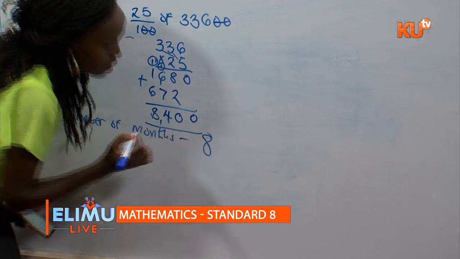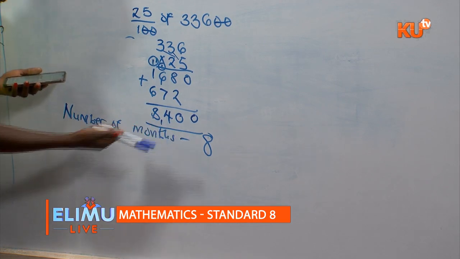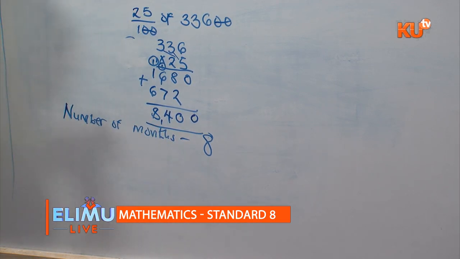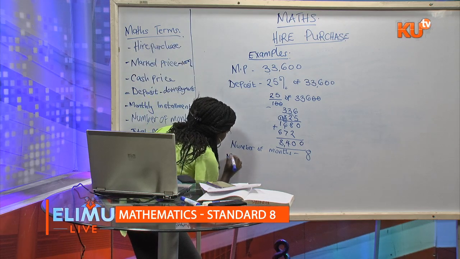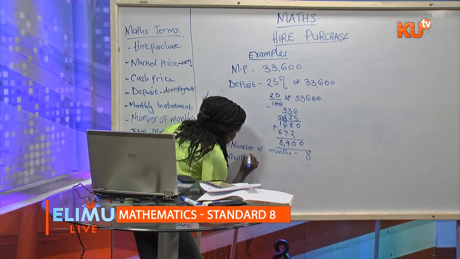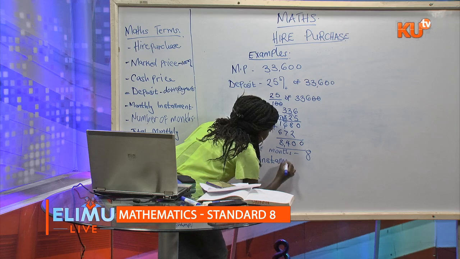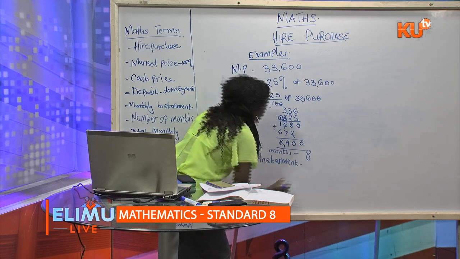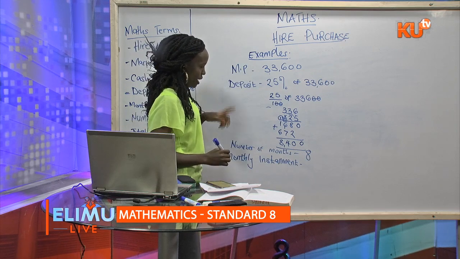Meaning he paid them for 8 months, and each installment was 10% of the marked price. We come to the monthly installment. The monthly installment was 10% of the marked price.